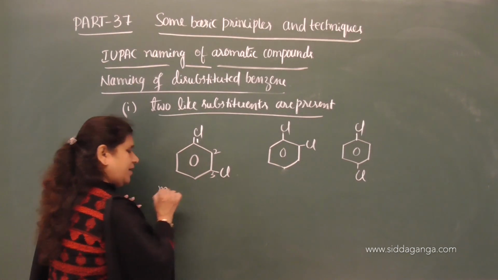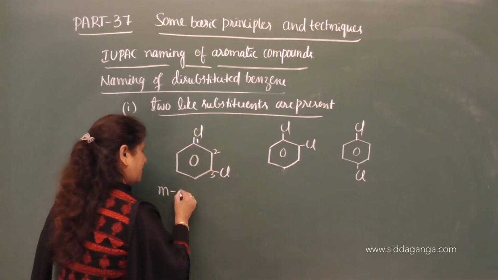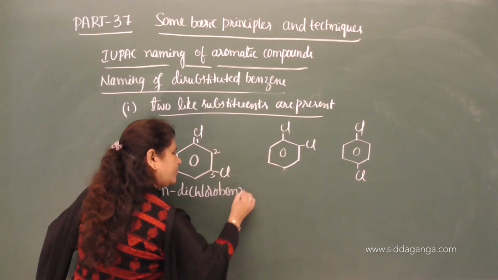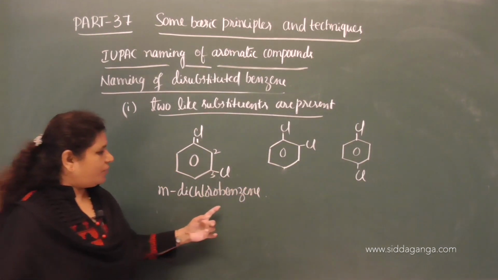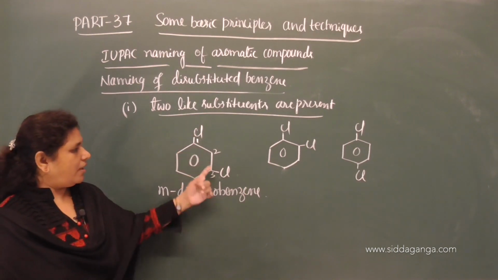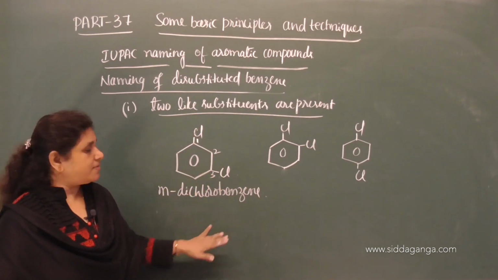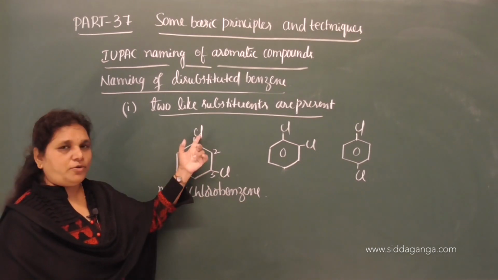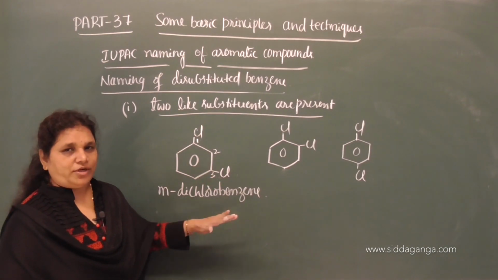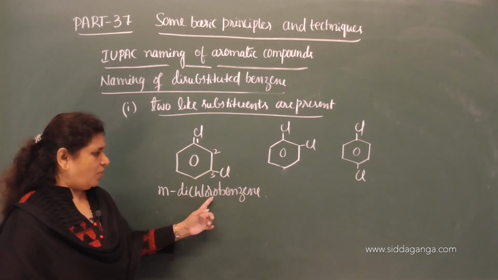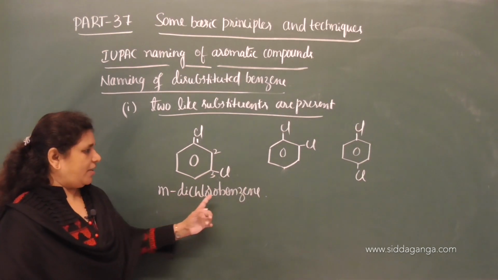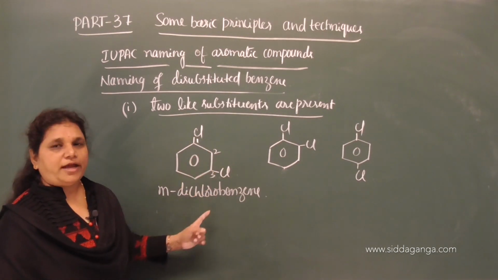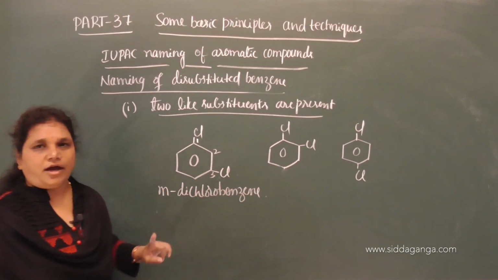Definitely meta, M. So, 2 chlorine atoms are there, M dichloro, and the root word is benzene. Since the chlorine atoms are substituent groups, we need to retain the root word benzene as it is. So, meta dichlorobenzene. Clear? Meta stands for 2 chlorine atoms on alternate carbon atoms.